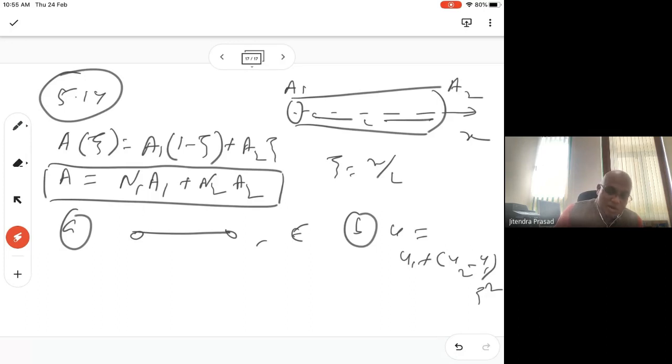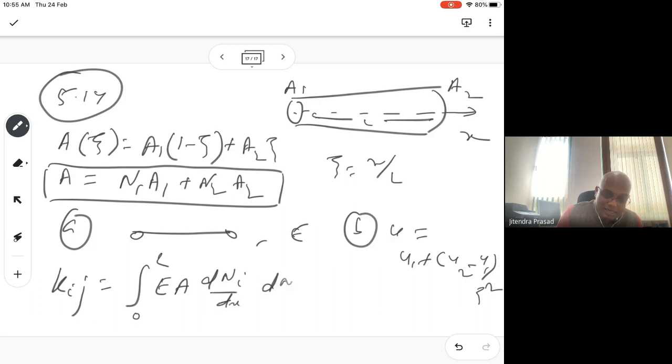Now the first one, when you have two noded element, then you know that you have Kij is equal to integral from 0 to L of E, A, dNi over dx, dNj over dx, dx. Right? So you do like this. Then what is the next one?